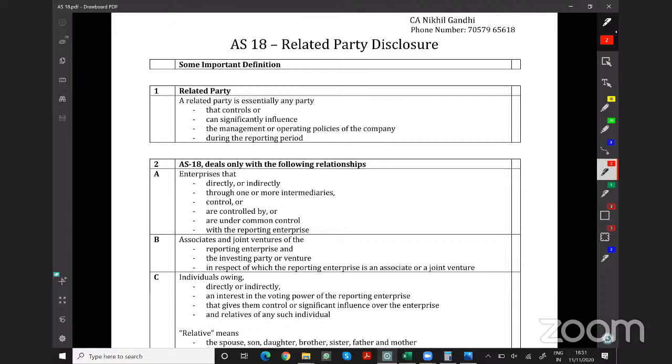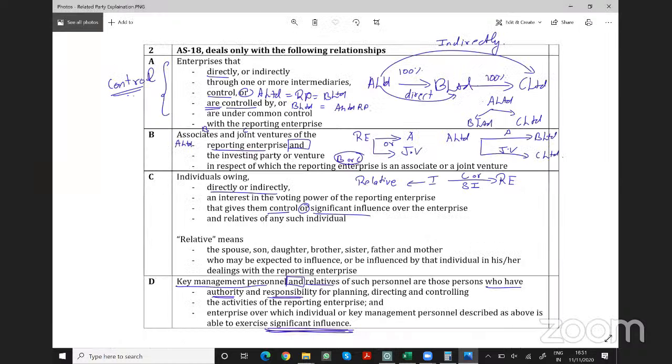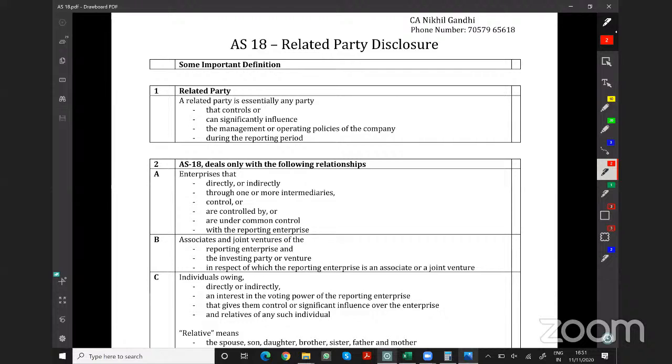So what is the definition of related parties? A related party is essentially any party that controls or can significantly influence the management or operational policies of the company during the reporting period. Controls means if I say A, the answer will be A only.